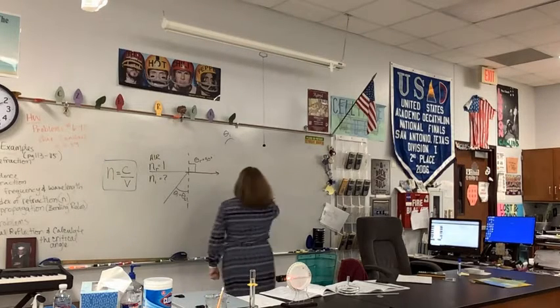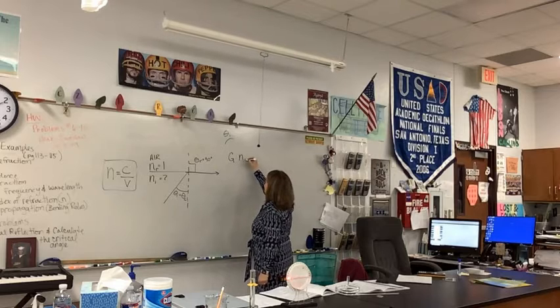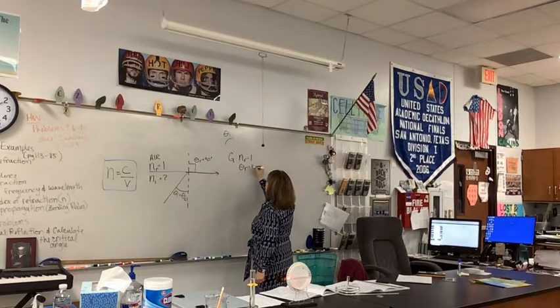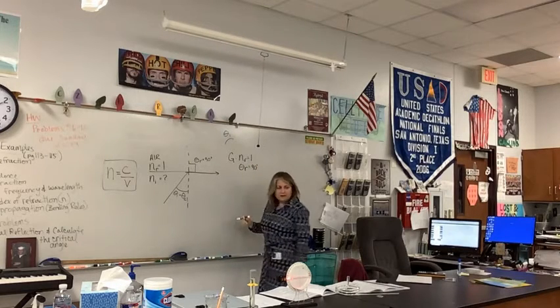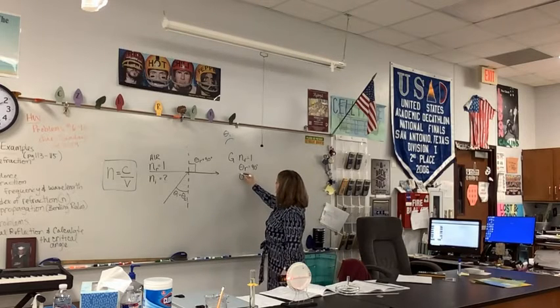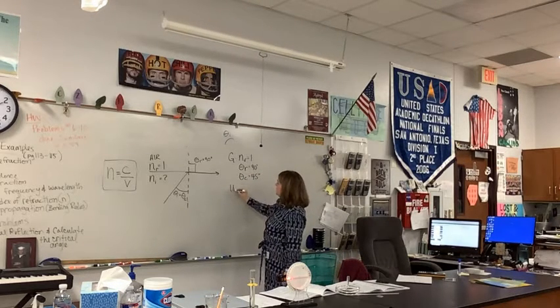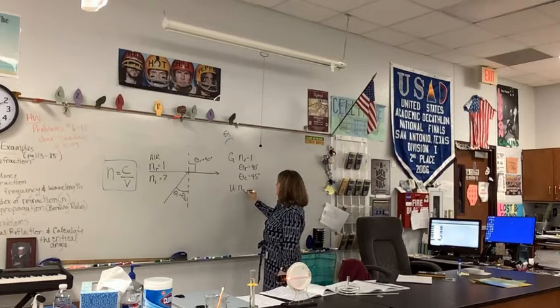Okay, so what do we know? We're given Nr equals 1. We're given theta R equals 90 degrees, and it tells us the critical angle is 45. Theta C is 45 degrees. What we want to calculate is Ni.